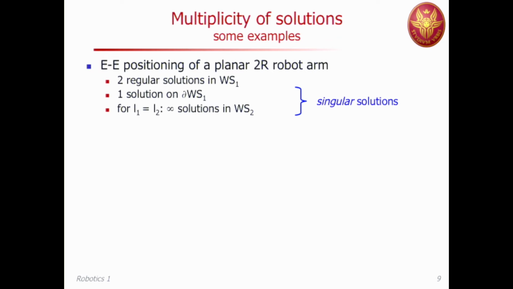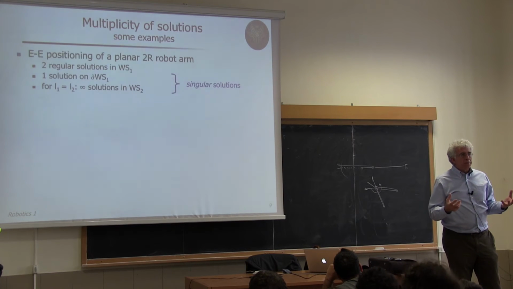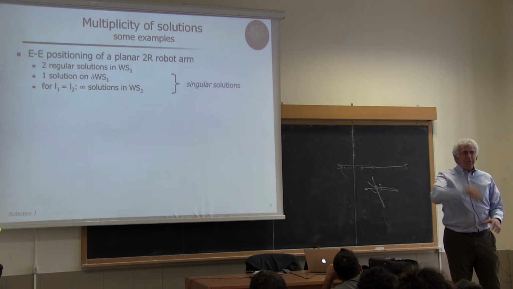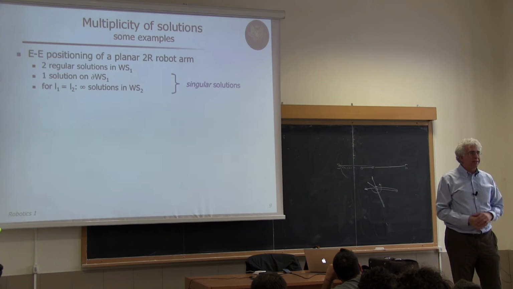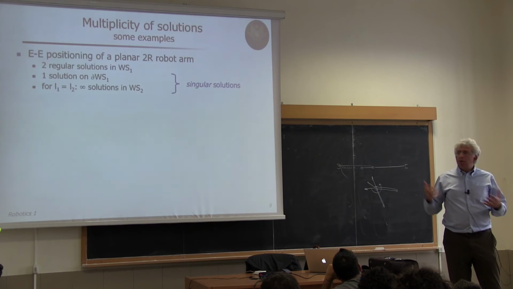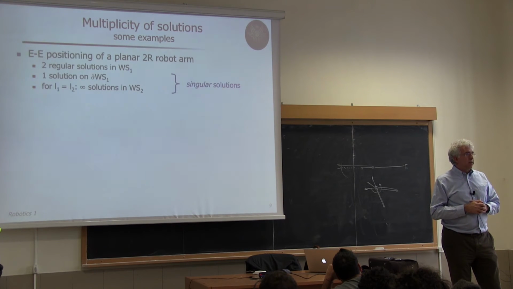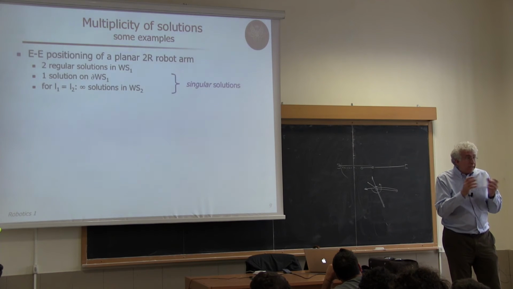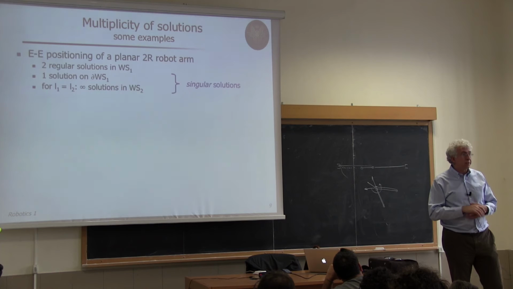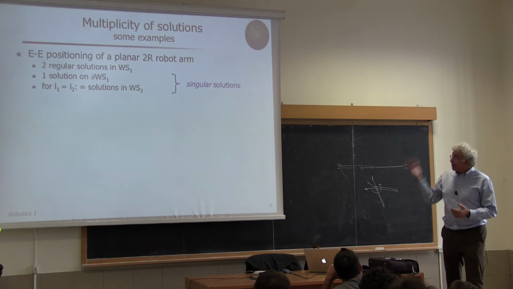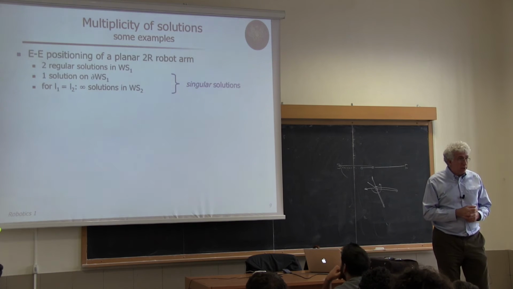Because if I take a desired position inside the primary workspace, out of a bag without looking at the numbers, typically I will be inside the primary workspace, because the boundary is a set of measure 0, so the probability that I'm taking a point on the boundary is practically 0. So the regular case will generate 2 solutions to the inverse kinematic problem.